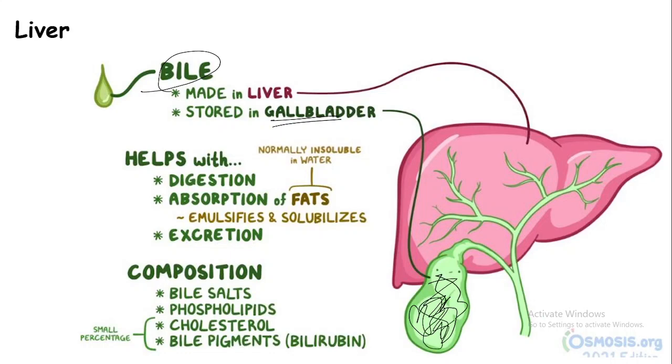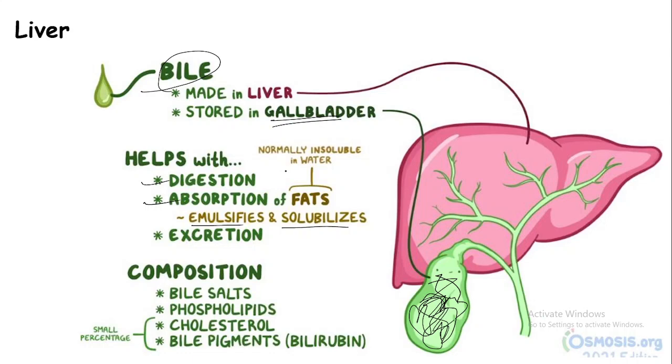This gallbladder does the work that the urinary bladder does in our body. As and how urine is produced, it gets stored in the urinary bladder. Similarly, this is the function of the gallbladder. Next, what does it help us with? It helps us with digestion, specifically of fats. Absorption of fats, that is, it emulsifies and solubilizes fats. Understand that fats are not soluble in water. This is a known fact.